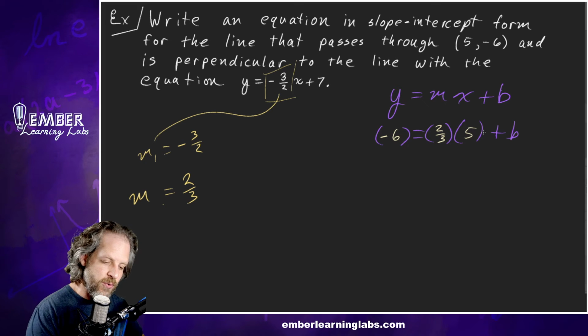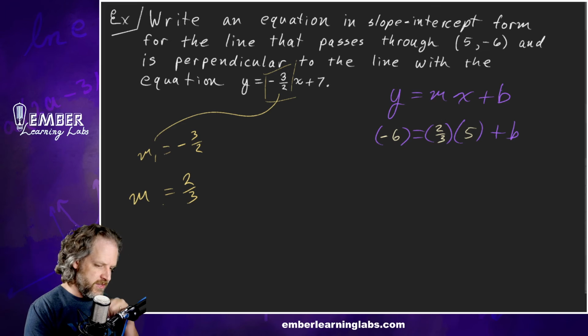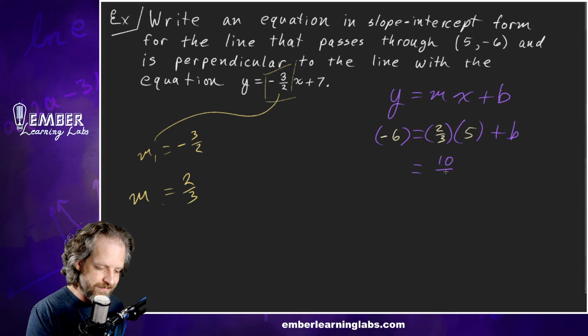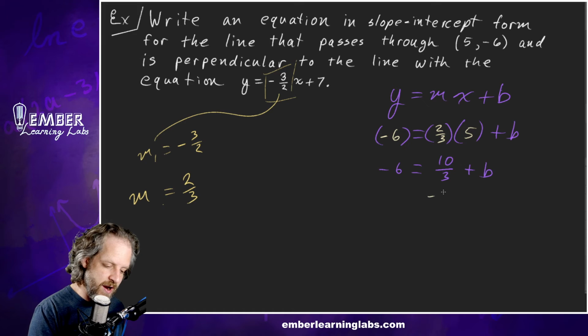We start out with multiplication: 2/3 times 5 is 10/3, plus b. Bring down the -6. How do we get rid of the 10/3? It's positive, added, so we're going to subtract 10/3.